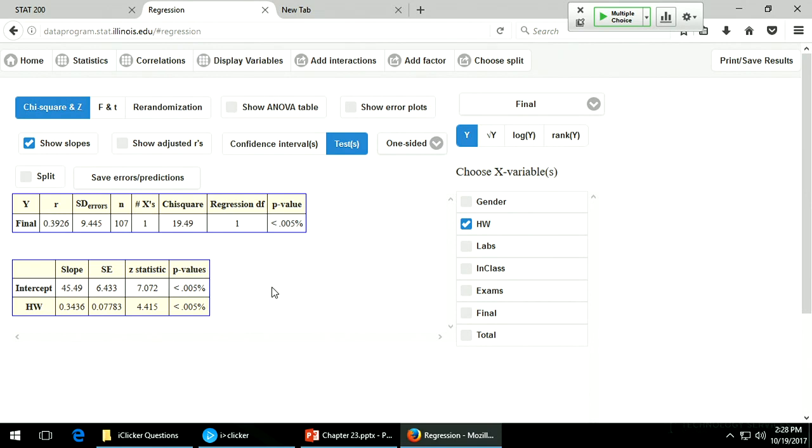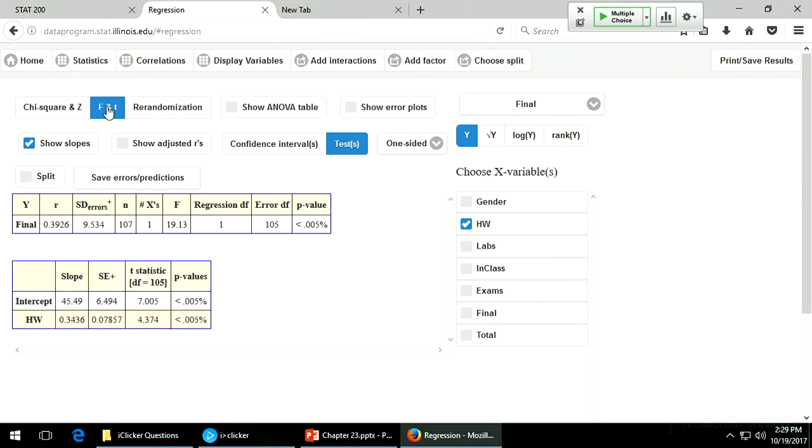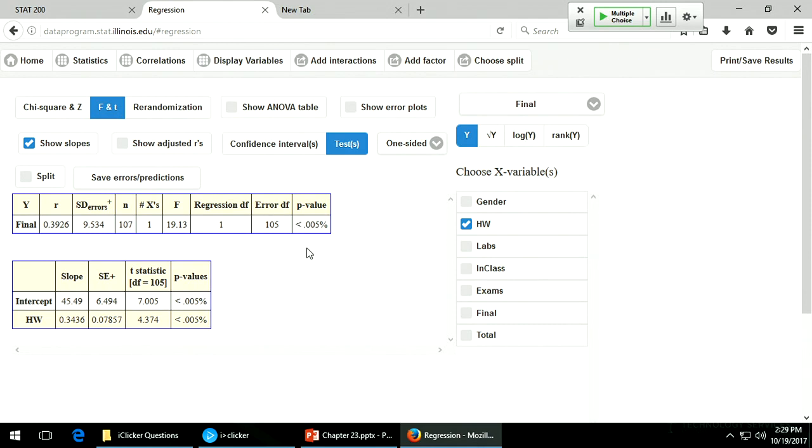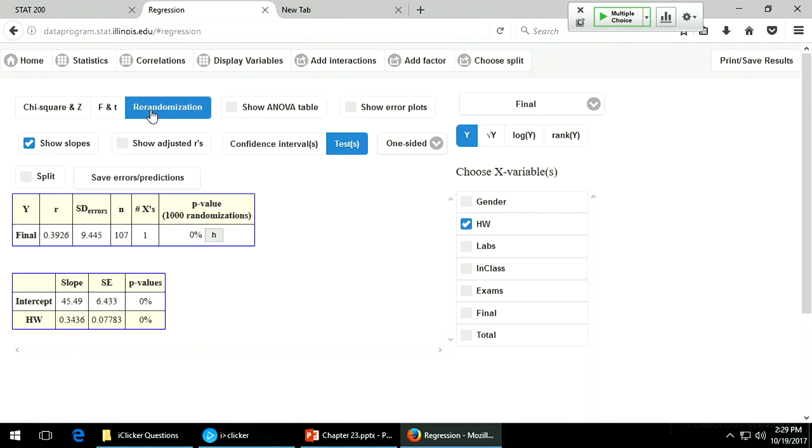That's chi-square. We could do an F. We'll get the same R, and that's our p-value. All right, now let's do it by re-randomization. After 1,000 re-randomizations, we didn't get anything. Okay, let's see what that looks like.